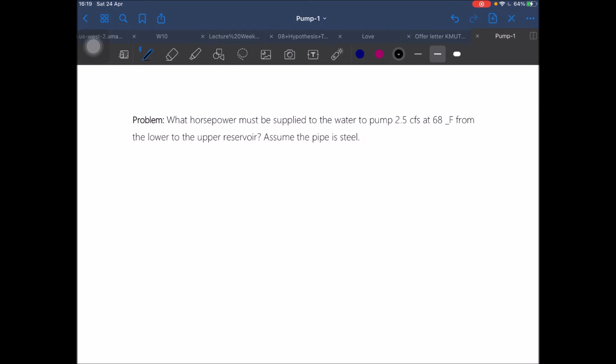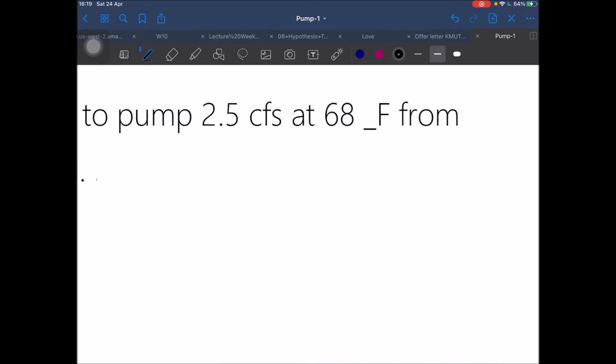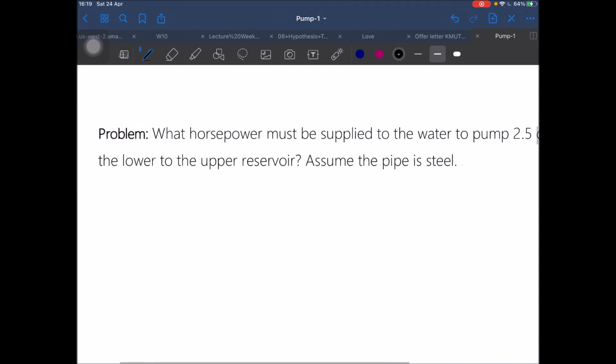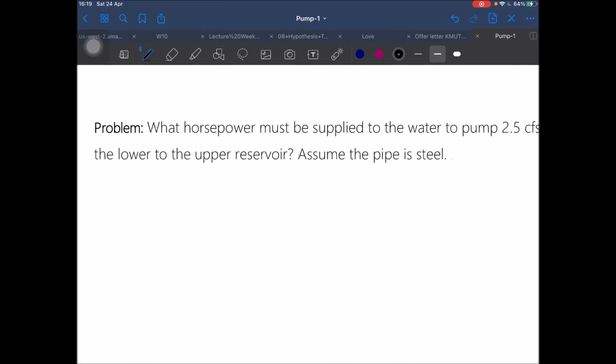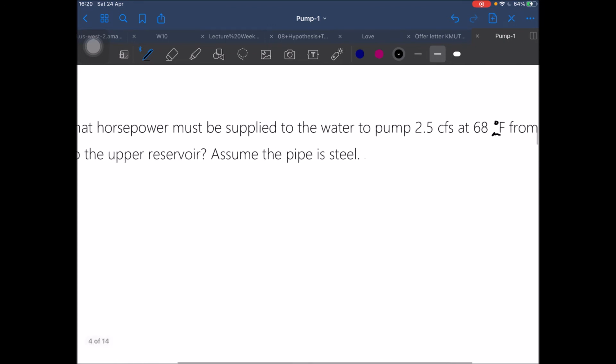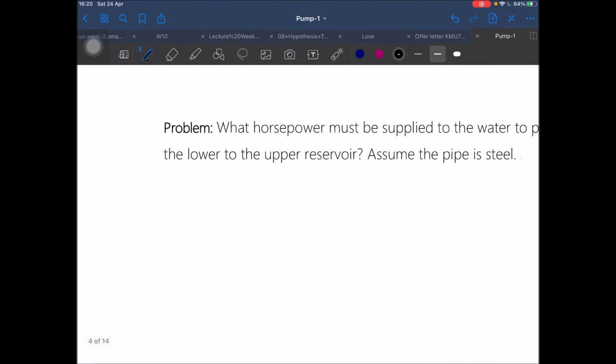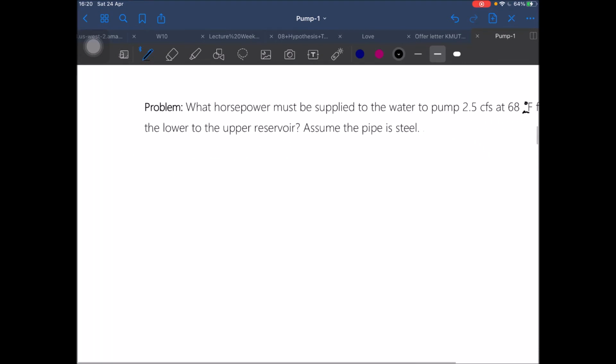This F here is supposed to be the Fahrenheit. So now we can see what horsepower must be supplied to the water to pump 2.5 cubic feet per second at 68 Fahrenheit from the lower to the upper reservoir. So now we have a reservoir here, and we have to pump it here. So LU, lower and upper reservoir.